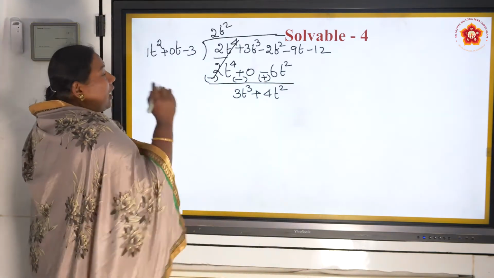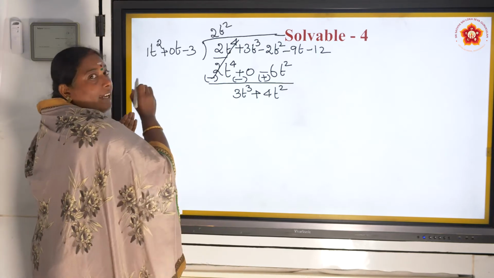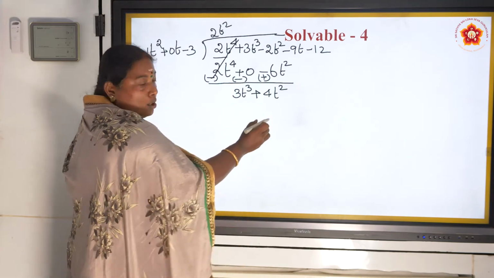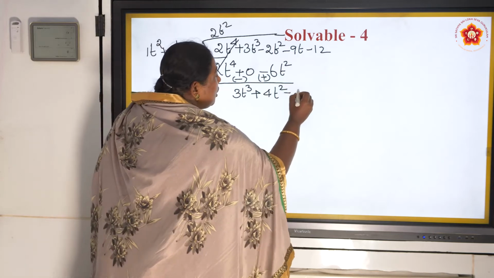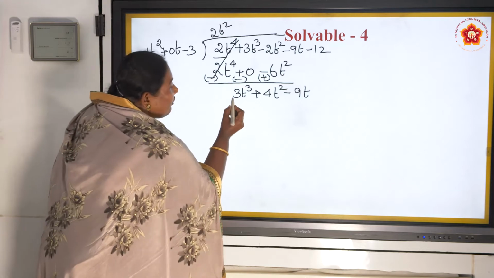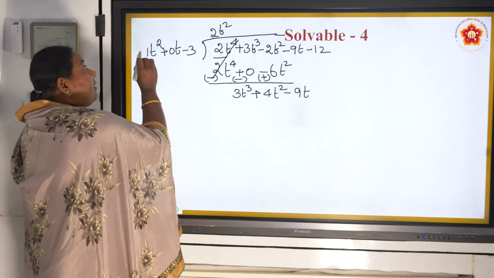Okay. So always keep it in mind, if I have 3 terms in my divisor, I have to keep 3 terms here also. So here I have 2 terms, I have to bring the third term also, 9t. Okay, now here I have the first term as 3t cube. Here the first term is 1t square.